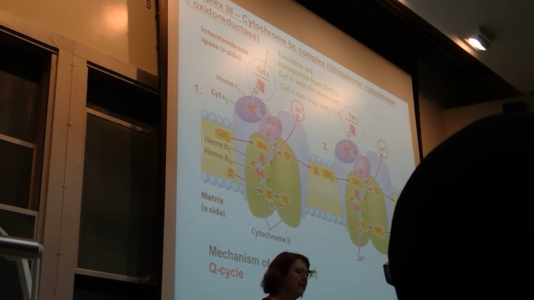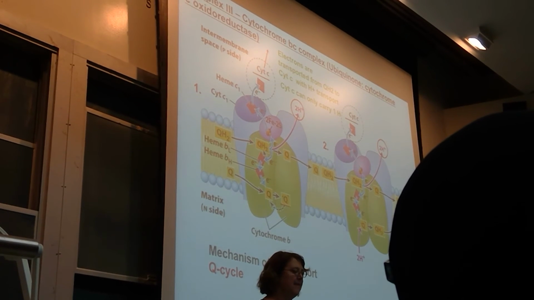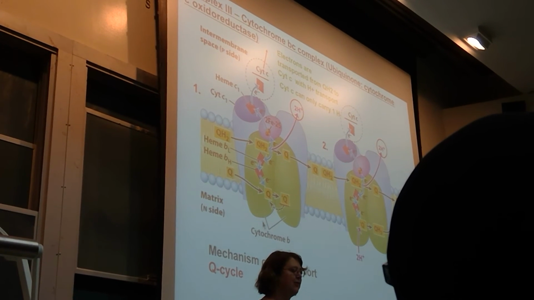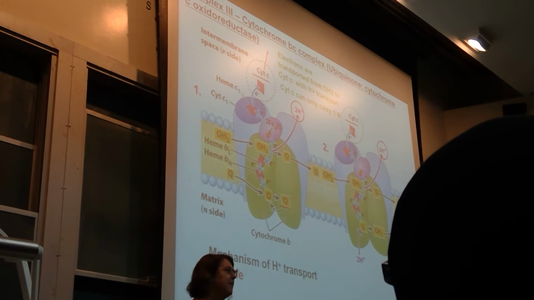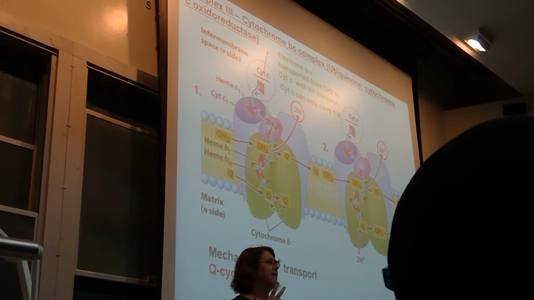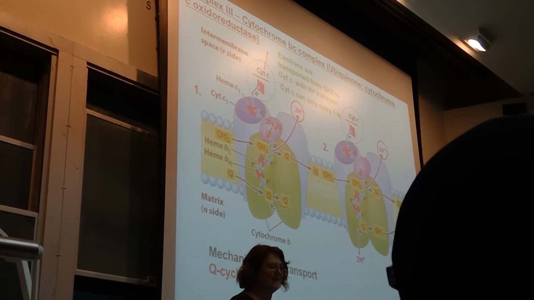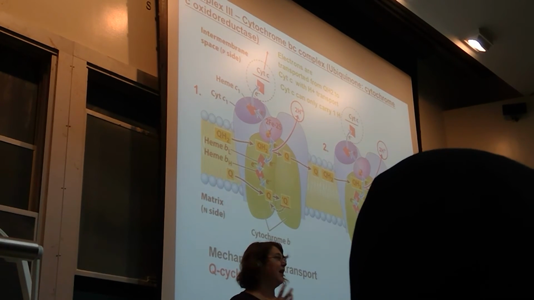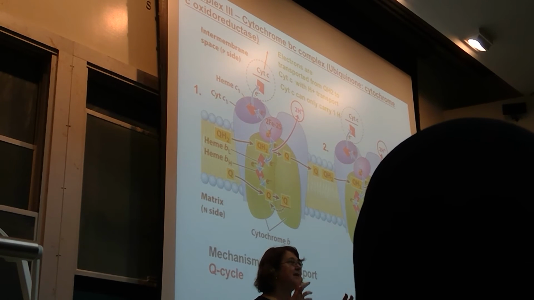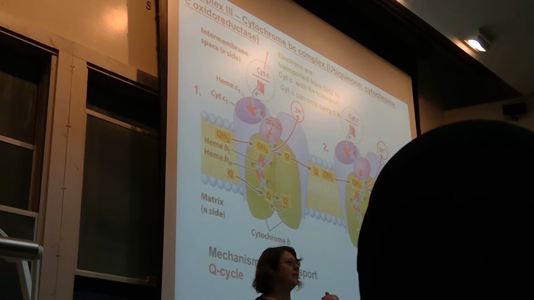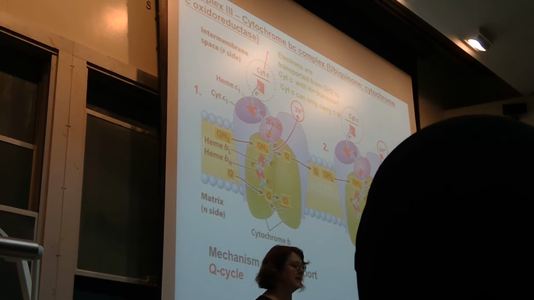What's happening at the top? At the top, QH2 is coming in, right? One electron came down, so it only has one more available. That's going up through the iron sulfur center. An important thing to remember, so this all connects, so I'm going really slowly through this part, is that those iron sulfur centers and the cytochrome B centers that I showed you can only take one electron at a time.